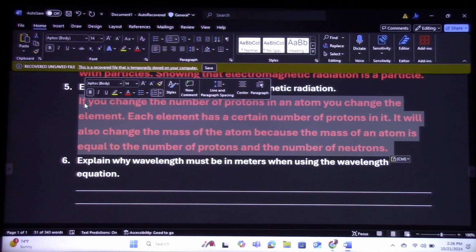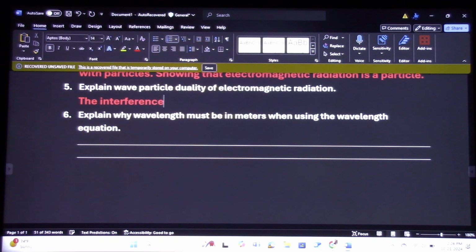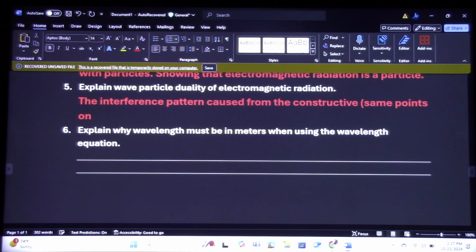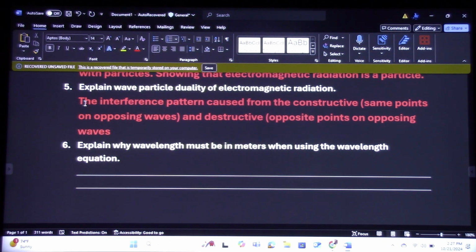How can we word it? The interference pattern caused from the constructive interference, which is the same points on opposing waves, and destructive, which is opposite points on opposing waves.